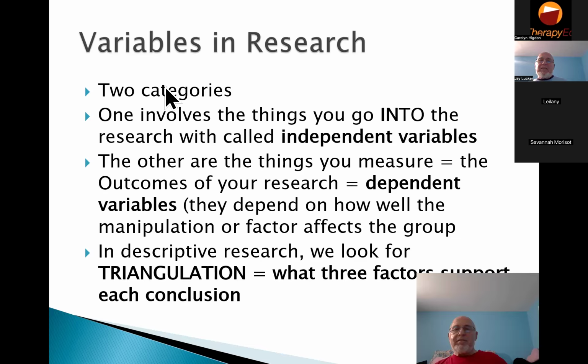Okay. And in our descriptive research, we use triangulation. That's where we look at at least three things that tell us one important thing, such as the report from three different people. Does the child seem to have an attention problem? Well, I ask him a question. The first thing he does is say, I'm sorry, what? Next, I'm giving directions, and the child doesn't do the directions. I ask the child, what did I ask you to do?